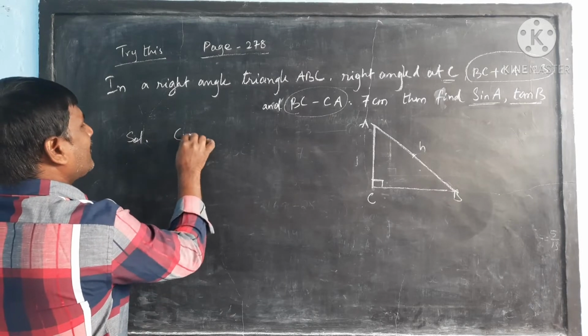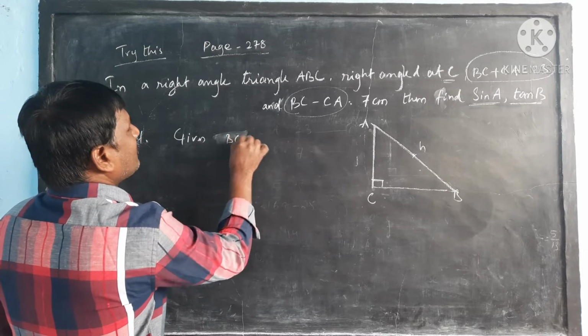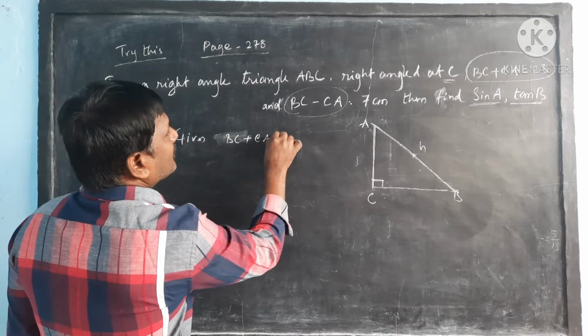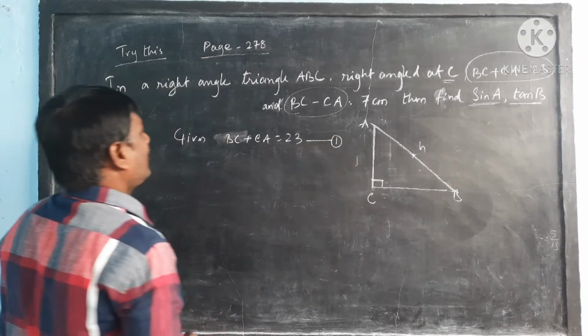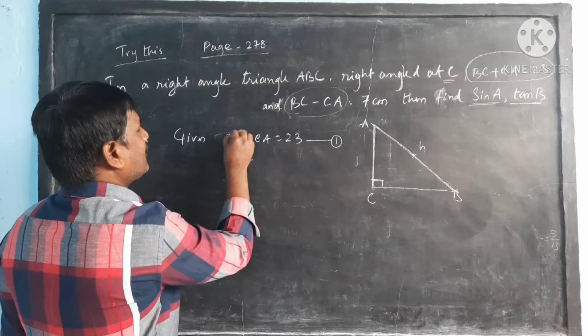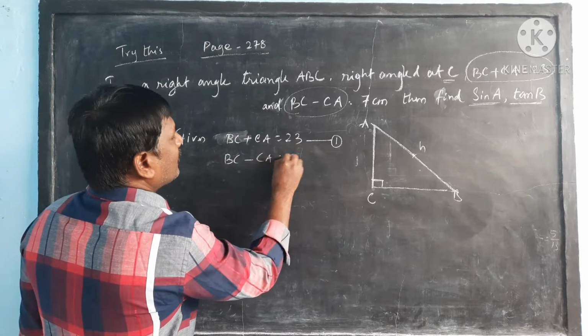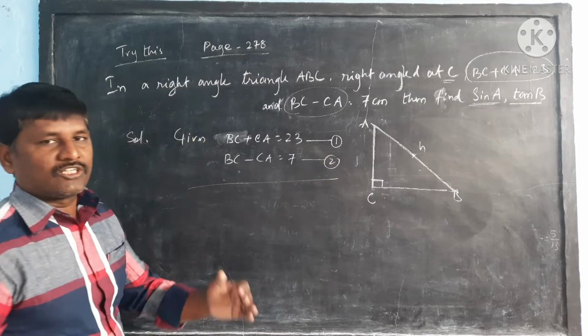Given BC plus CA is equal to 23. Let it be equation 1. And the second one is BC minus CA is equal to 7. Let it be equation 2. Now add equations 1 and 2.